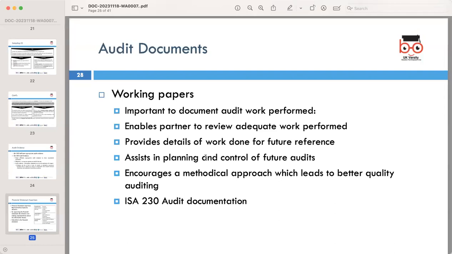ISA 230 covers audit documentation. So in a nutshell, audit documents or working papers are like our study notes for auditing. They help others understand our work, guide future audits, and keep us organized for better quality auditing. And ISA 230 is just the rule book we follow to make sure we are doing things right.